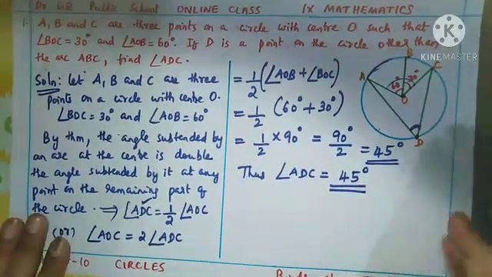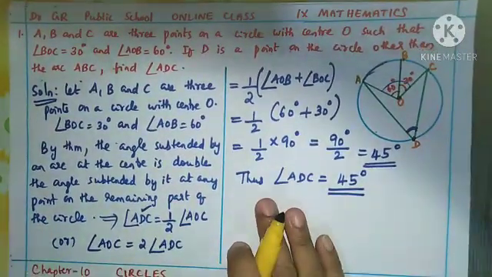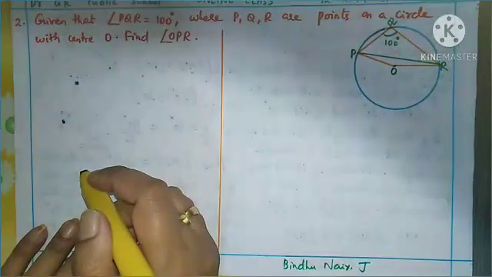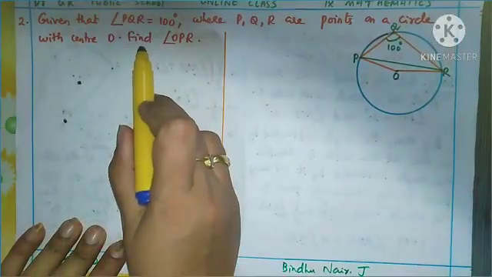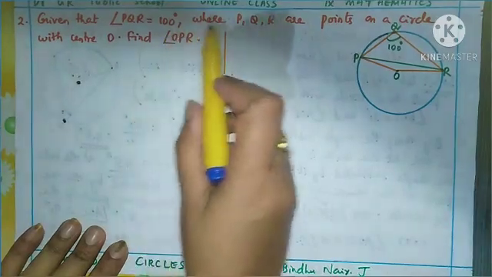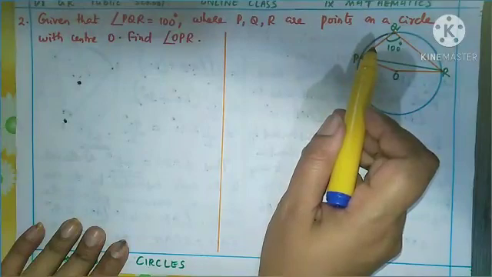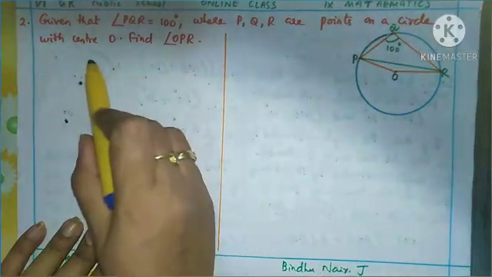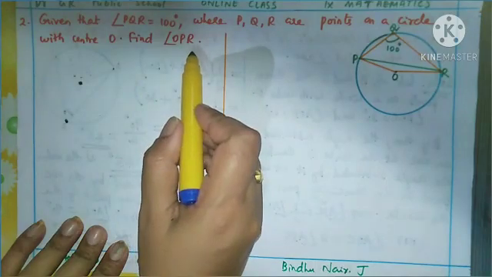Understood? So, in this problem, we applied the first theorem. Now, look at this second question. Given that angle PQR is equal to 100 degrees, where P, Q, R are points on a circle with center O. Find angle OPR.